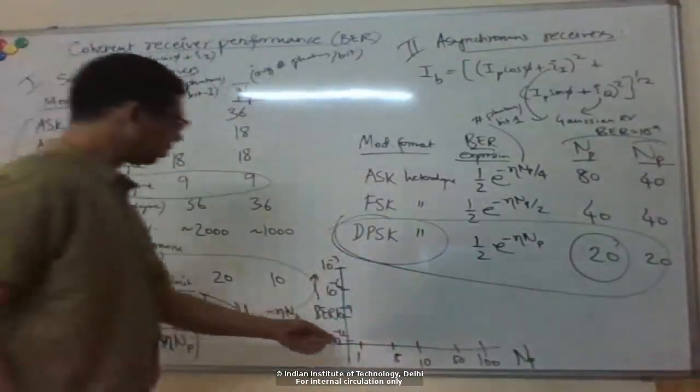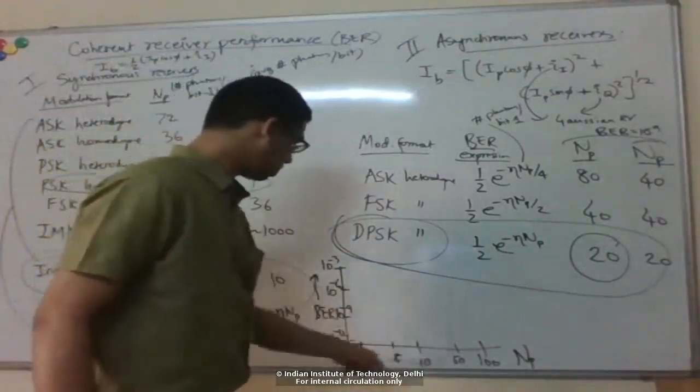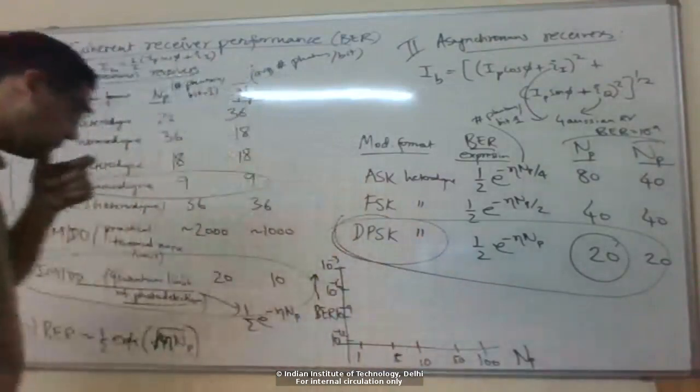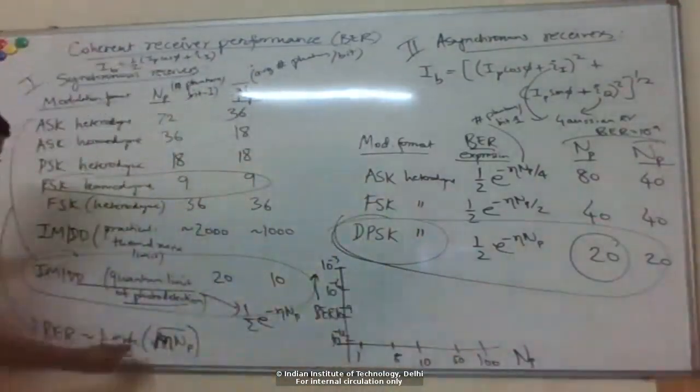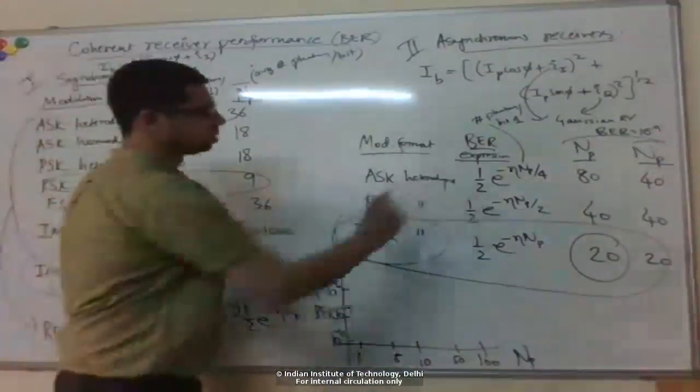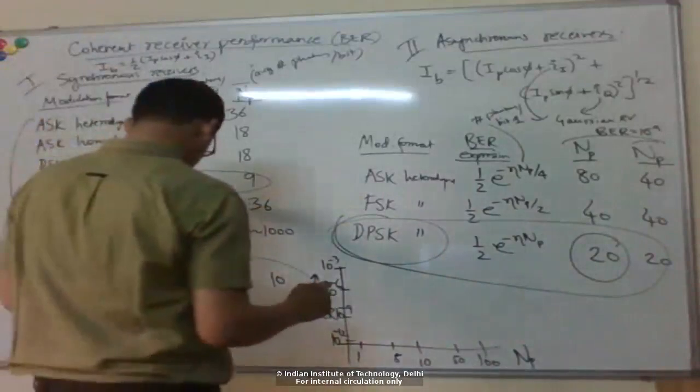Okay, so both of these are on log scale, BER 10 to the minus 3 to 10 to the minus 12, and number of photons here 1 to 100. So you get different curves here, depending on this expression here.